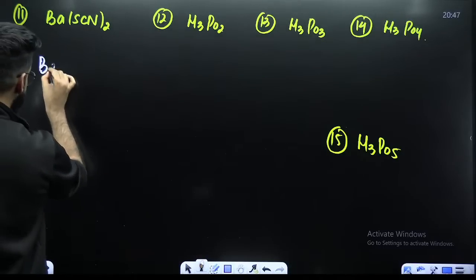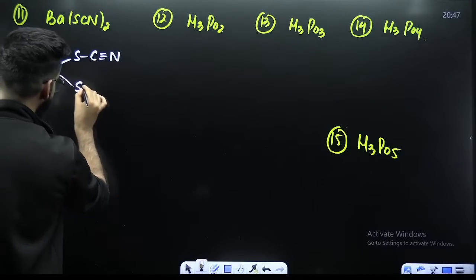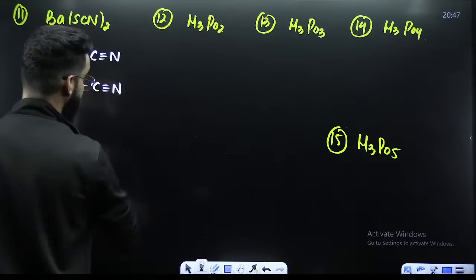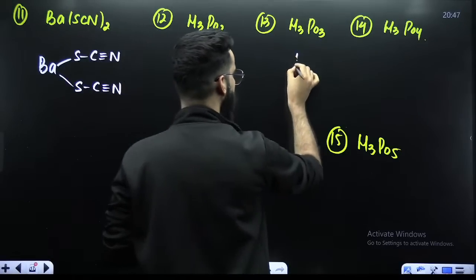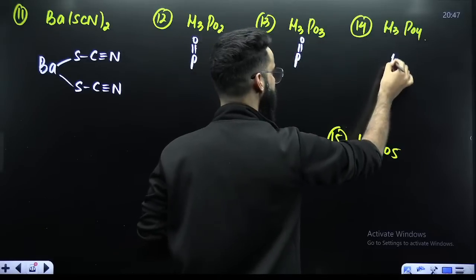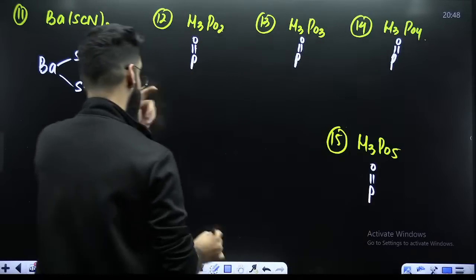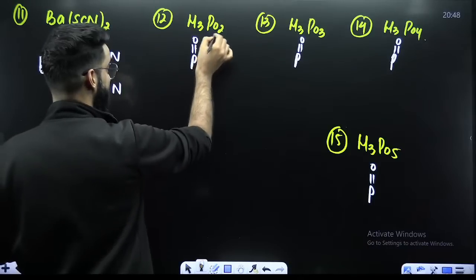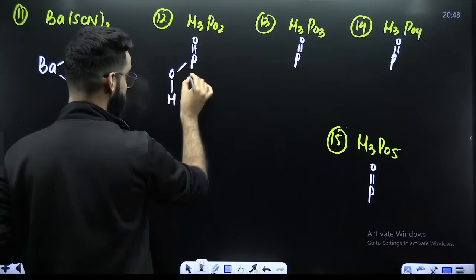Ba(SCN) whole twice, how does it look like? Ba, S, C triple bond N, S, C triple bond N. H3PO2: make first of all P double bond O here. Make P double bond O here as well. Since there were 2 oxygen atoms, out of which one I have used, one I'm directly attaching with this, and hydrogen here.